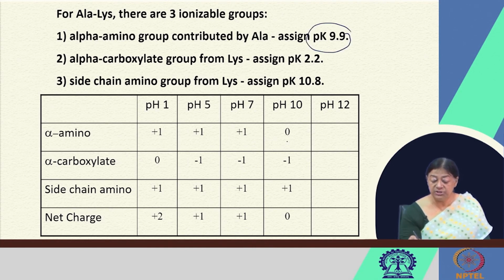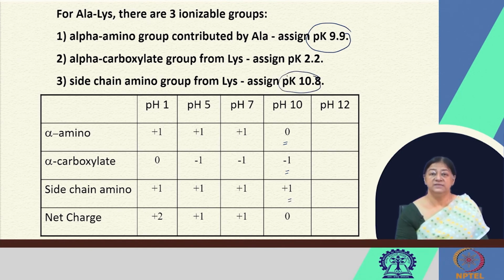So, the charge is now 0. This is -1. This is still +1 because we have not exceeded the pK value of lysine. So, the overall charge is 0, rendering this dipeptide neutral at this pH.